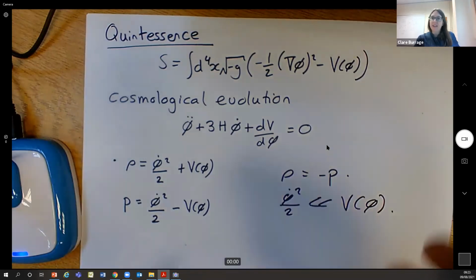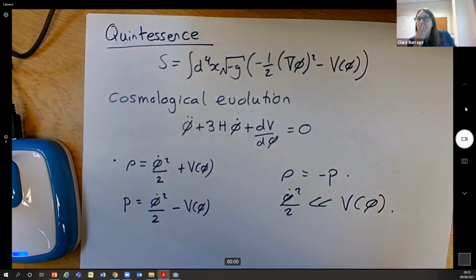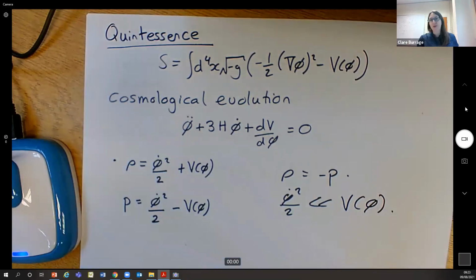Okay, but as I said, quintessence models, while they're good simple models for matching our observational data, they don't really attempt to address the cosmological constant problems that we've been talking about.